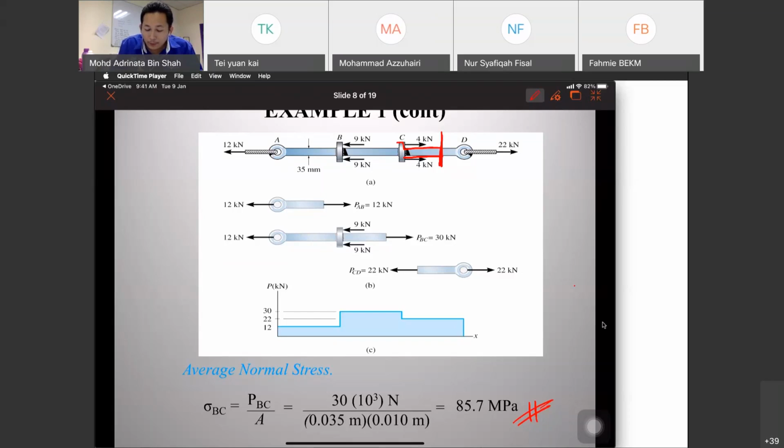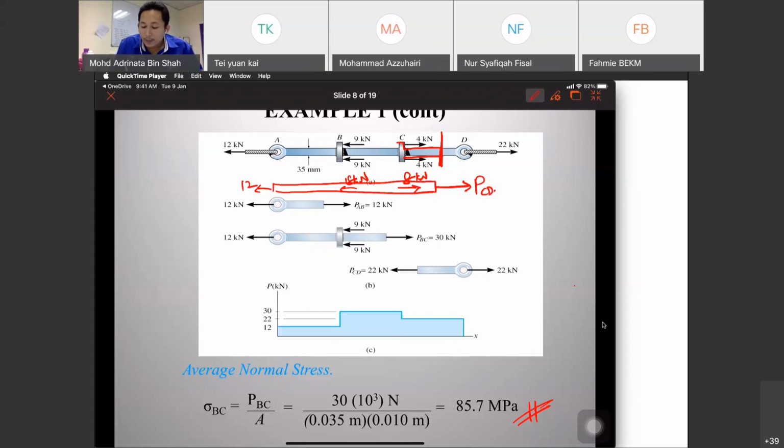So dalam free body diagram, apa yang kita ada yang ni. Okay, ini 12, ini kita ada 18, dan ini kita ada 8. 4 plus 4, 8 kilonewton, okay? Alright, and then we want to know what happened to here, PCD. Kan? Betul kan? Okay, so bila kita potong, kita ambil yang sebelah sini lah.